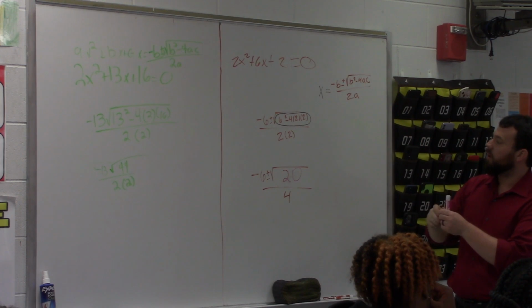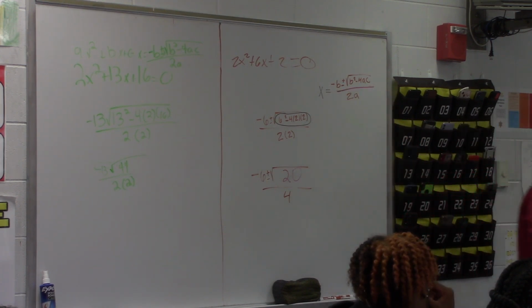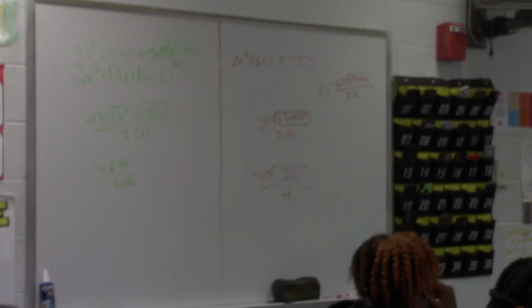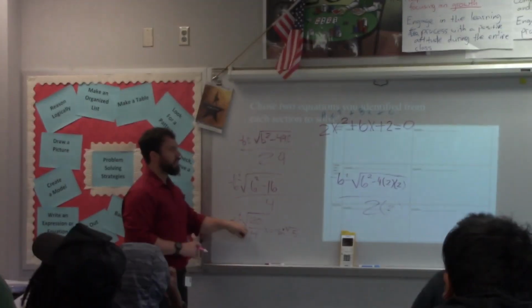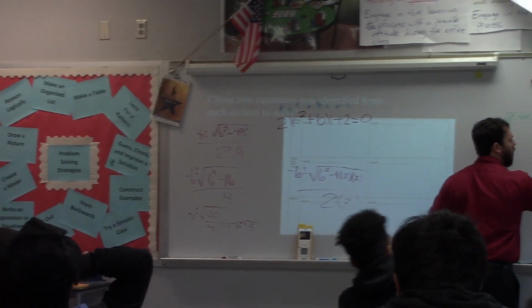That fraction bar needs to go all the way across. So I cannot just change it to 20 divided by 4 here. You can't do that, guys. This would be mathematically incorrect. The fraction bar has to go all the way across.